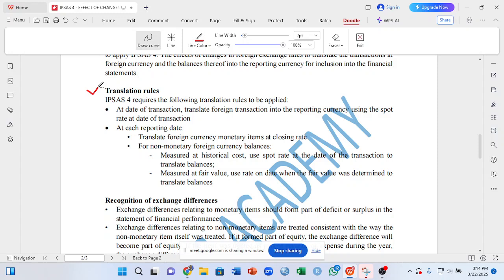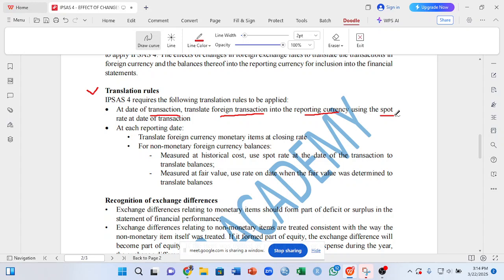The translation rules you need to know here is that at the date of a transaction, that's at the date that a transaction occurs, make sure that you translate the foreign transaction into the reporting currency using the spot rate. Spot rate here means the rate prevailing at that date.